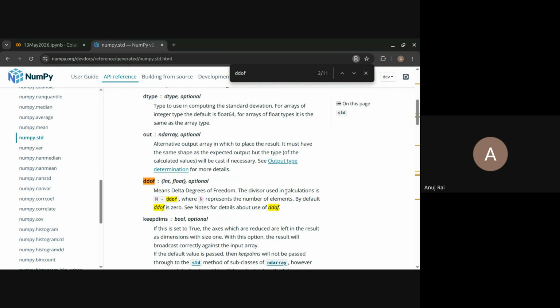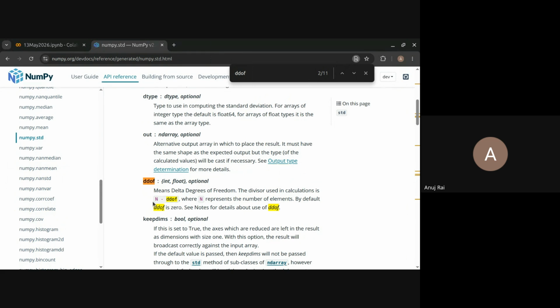The divisor used in calculation is N minus ddof, where N represents the number of elements. By default, ddof is zero, so for population it is zero. And when you set one, it will do N minus 1.